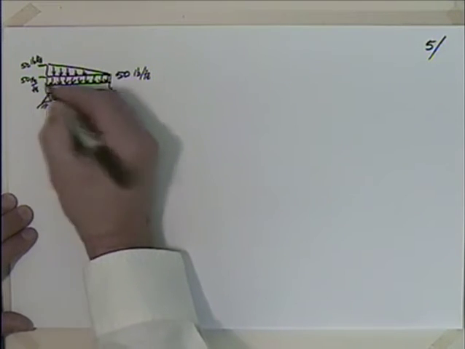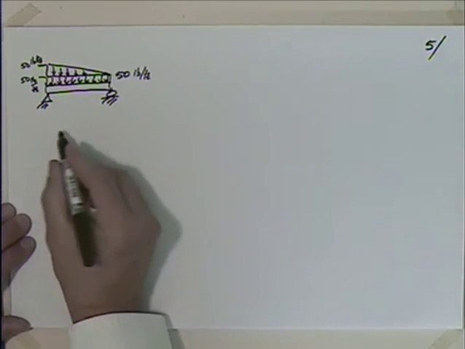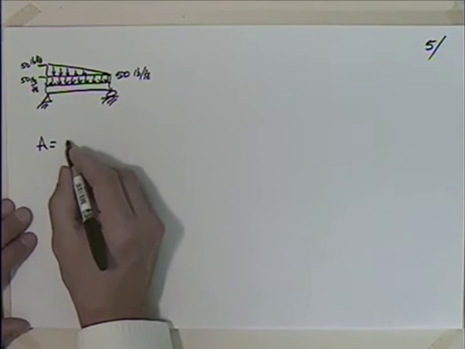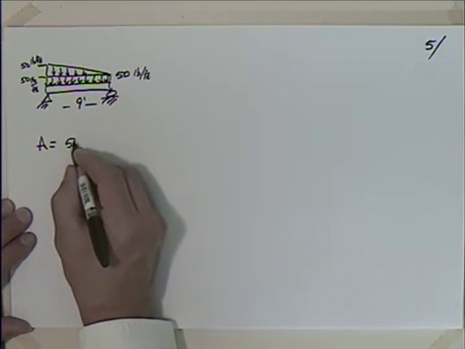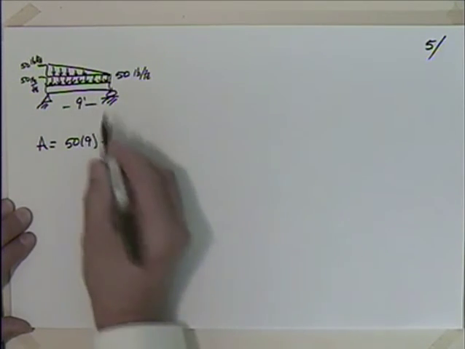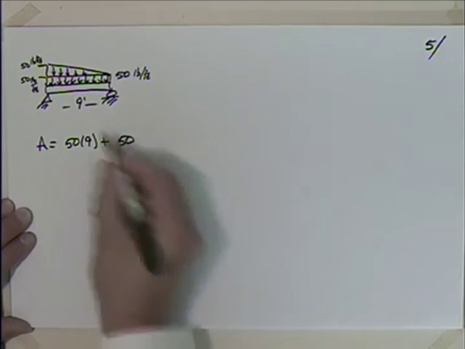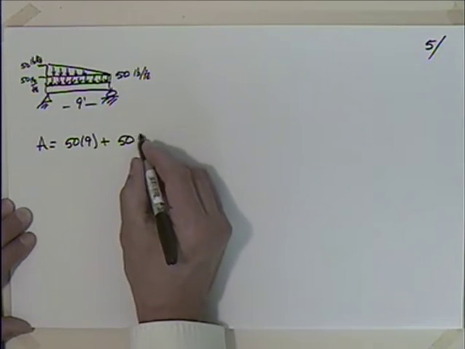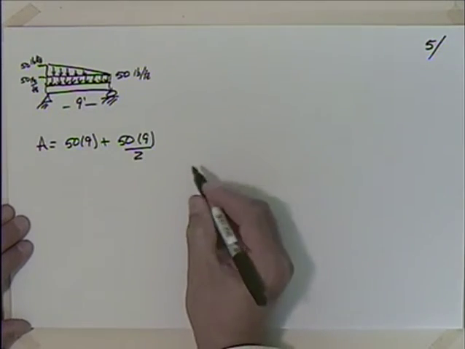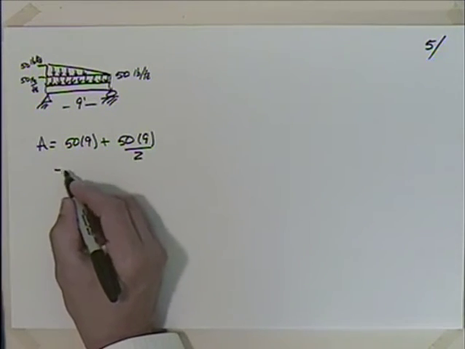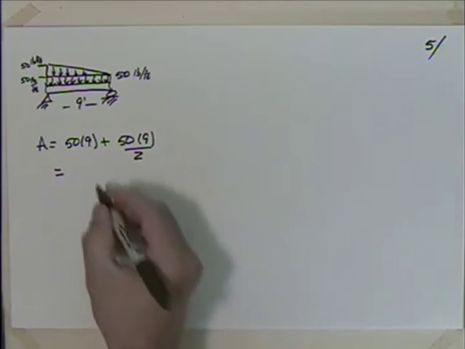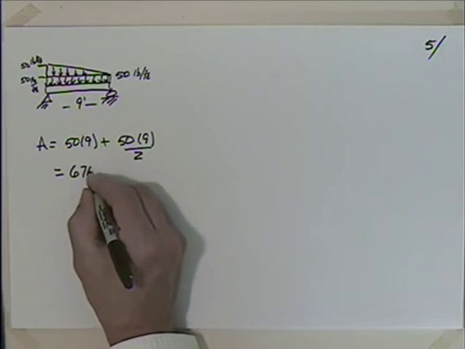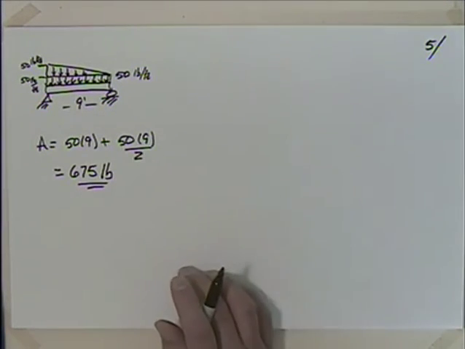Okay, so I could say that the area under there is equal to, this being, again, 9 feet, same problem, 50 times 9 plus, that's the rectangle, another 50, that's that side there, 50 times 9 divided by 2. Got to divide it by 2 because it's a triangle, right? So what's that turn out to be? 675. So that was a little faster than the calculus.